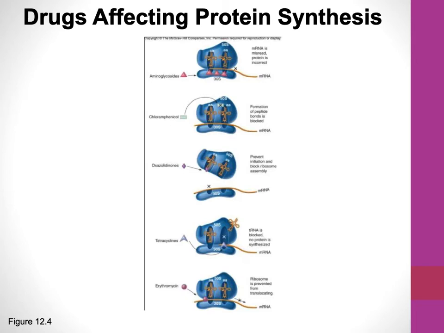With erythromycin, the one right at the bottom, that one actually prevents the ribosome from moving, so it kind of locks the ribosome in so you can't move to the next codon to get elongation of your amino acid.